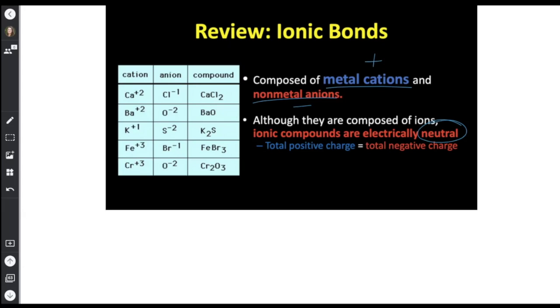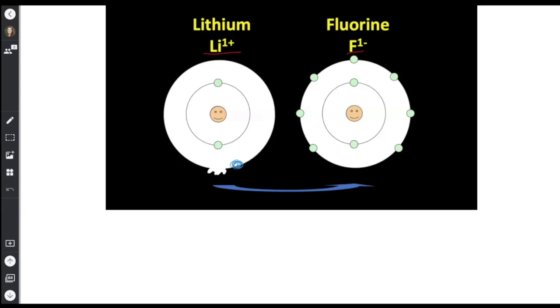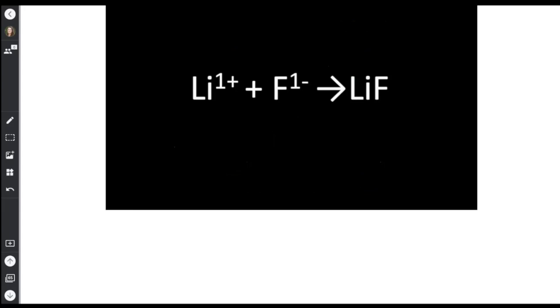So here we see that with lithium, all right, it wants to get rid of this electron. So it transfers it over here to fluorine. Fluorine is now negative. Lithium's positive, and they have happy faces because now they're content. They both have a full outer shell. And so for every one lithium, I need one fluorine, so LiF.